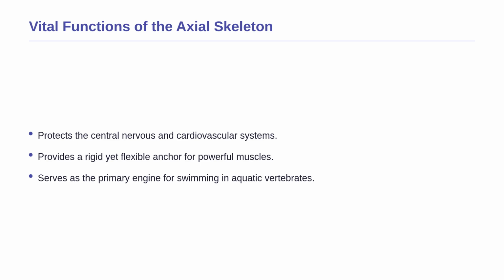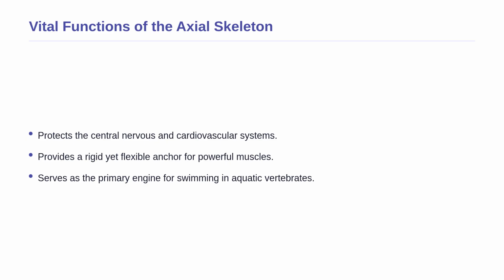Now that we know what the axial skeleton is, we must understand its life-saving functions. First and foremost, it acts as an impenetrable vault. Your skull and rib cage protect your most vital organs, like the brain, heart, and lungs, from fatal impacts. Second, it provides a crucial anchor point.